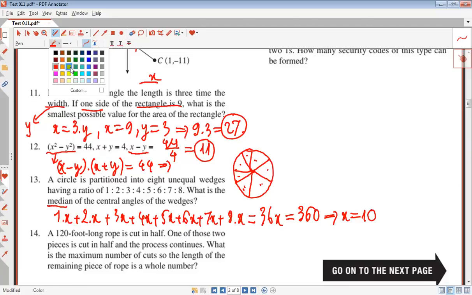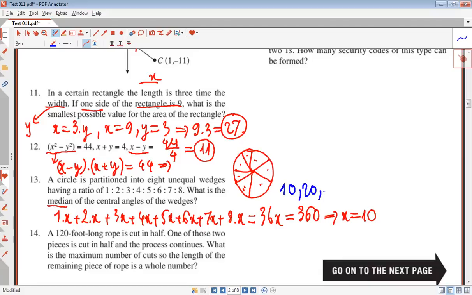And from this we have the measures of the angles are 10, 20, 30, 40, 50, 60, 70, and 80.